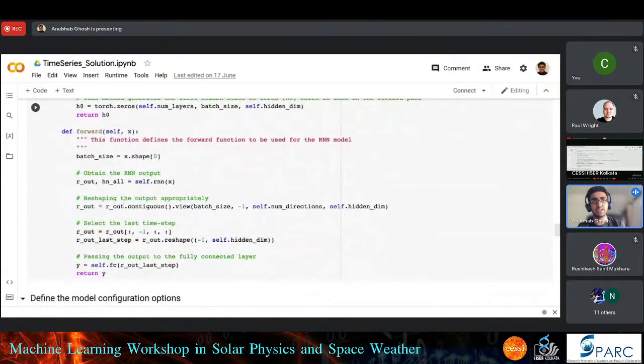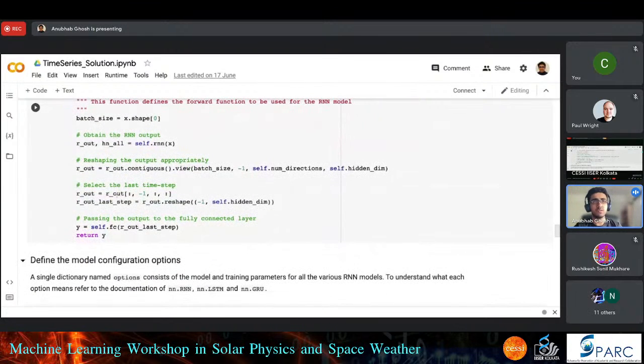What is of interest to you is this output, and you also get the hidden states for different layers in case you're using a multi-layer RNN. More documentation regarding this you can find on the PyTorch website. If you just type nn.RNN under PyTorch, you will get what the individual arguments represent.